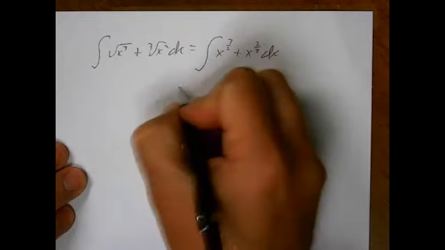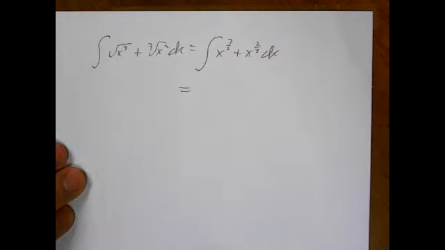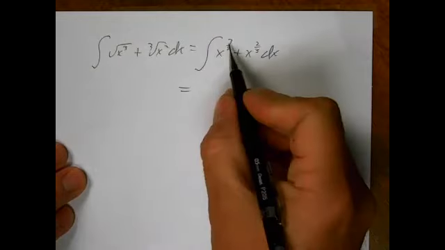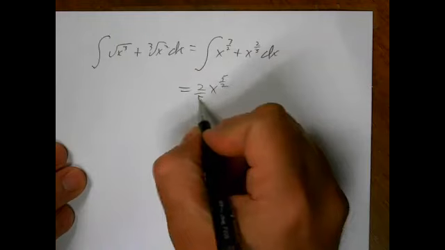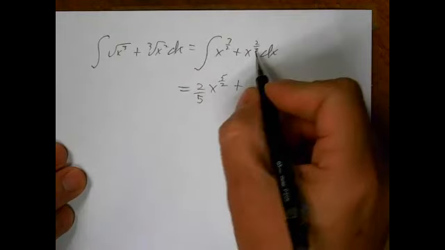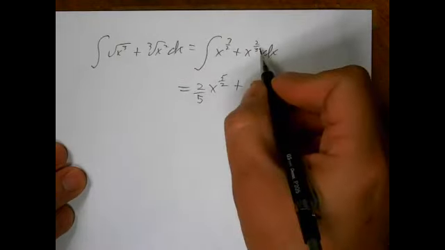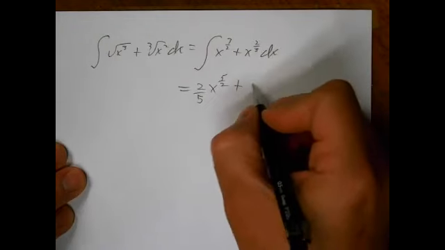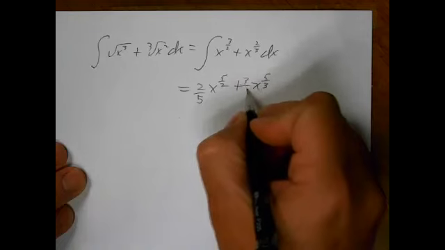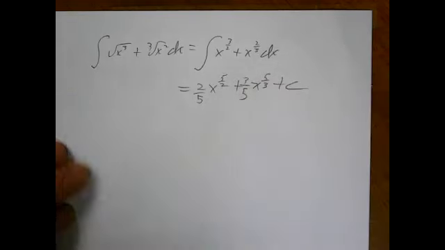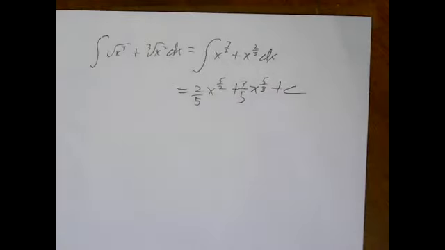We do this because we have a power rule that we can use. So 3/2 will bump up by 1 and become 5/2 and multiply by 2/5. 2/3 will bump up by 1 and become x to the 5/3 and then multiply by 3/5. And again, don't forget that constant of integration. An indefinite integral is incorrect if you don't have that constant of integration.